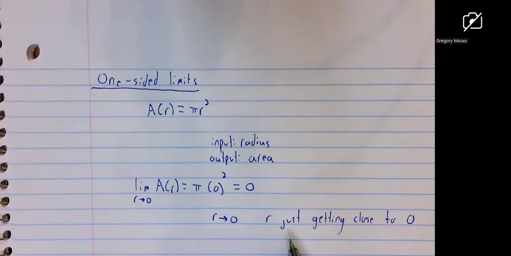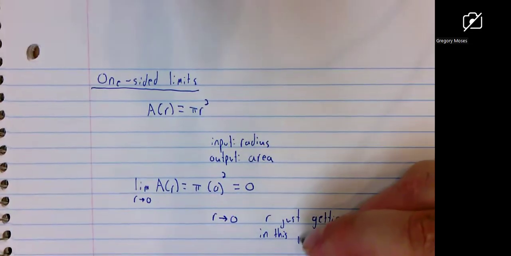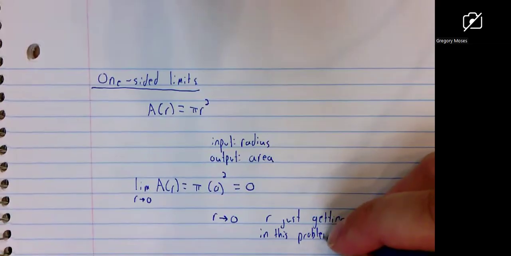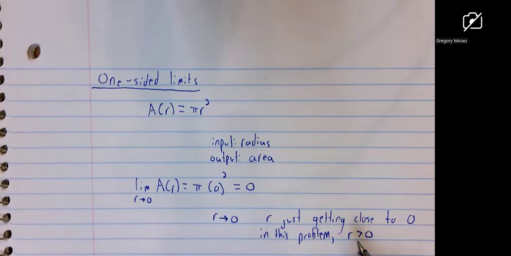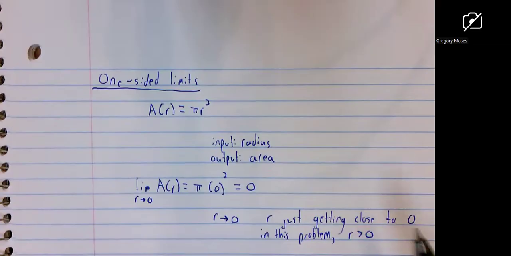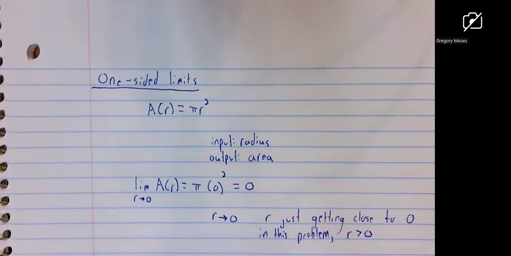So we want to talk about r getting close to zero, but in this problem, we have an additional condition that has to be satisfied. R is getting close to zero, but R is always greater than zero. And situations like this are what the one-sided limits are for.